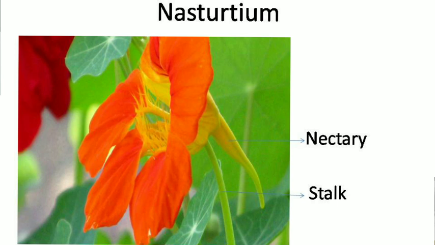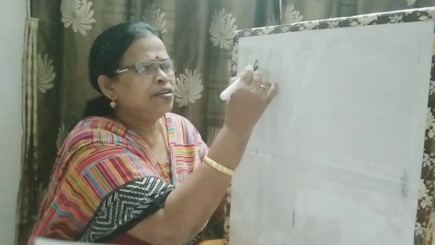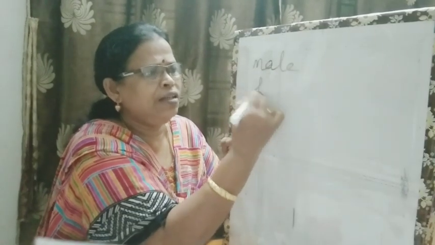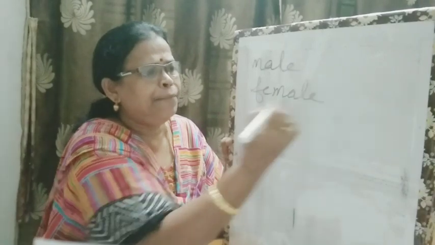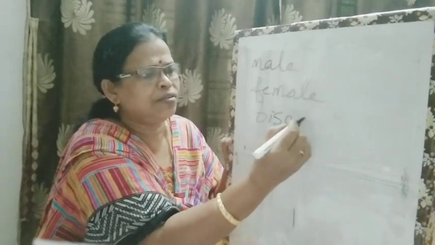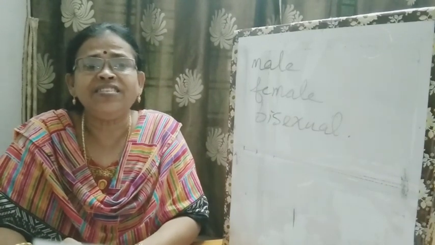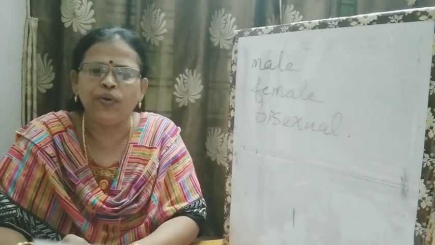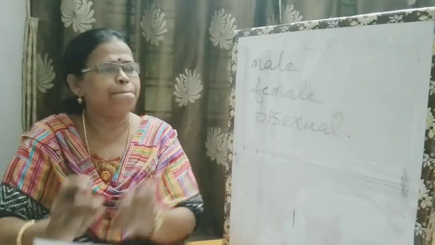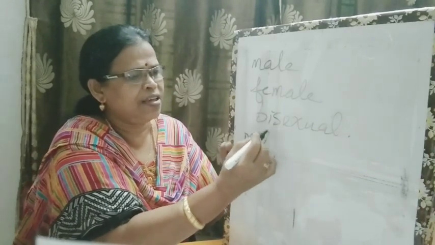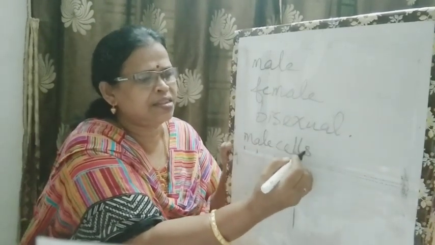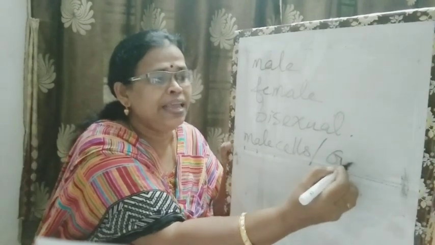As you know, there are male flowers, female flowers and bisexual flowers. Anthers of stamens produce pollen grains, which form male cells, called male gametes.